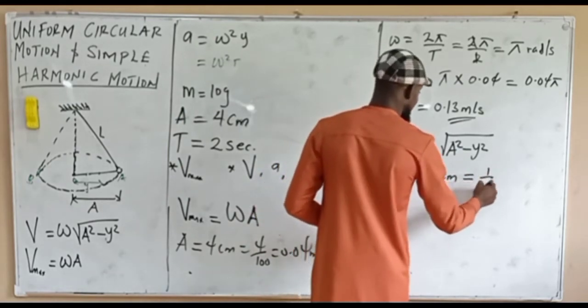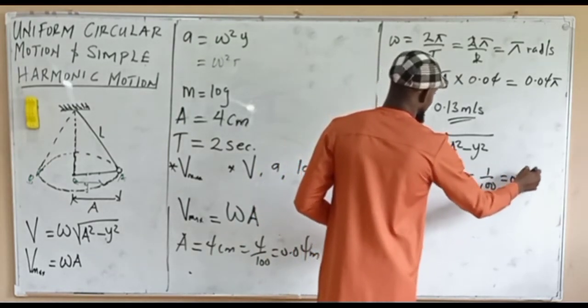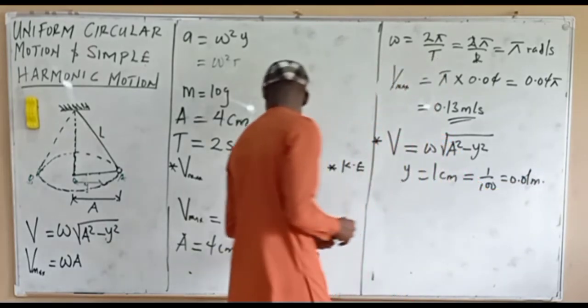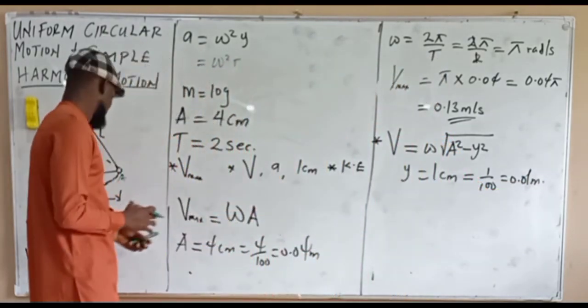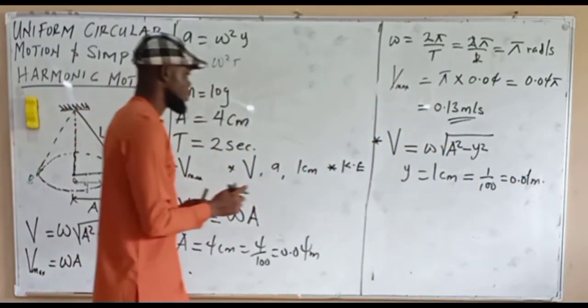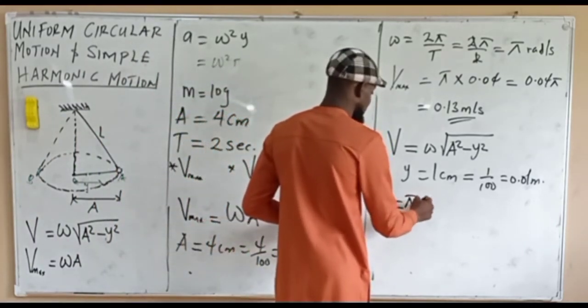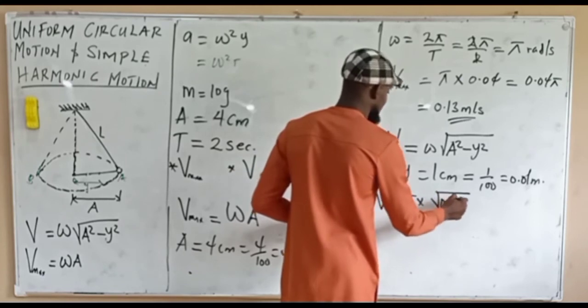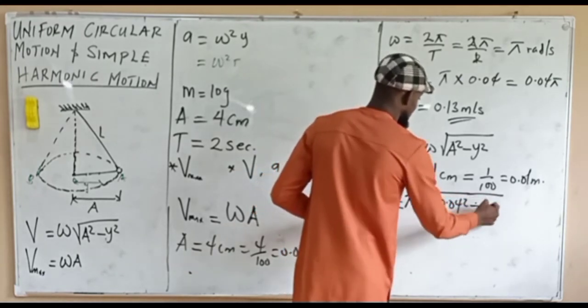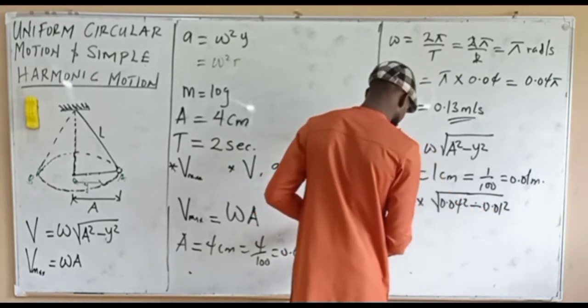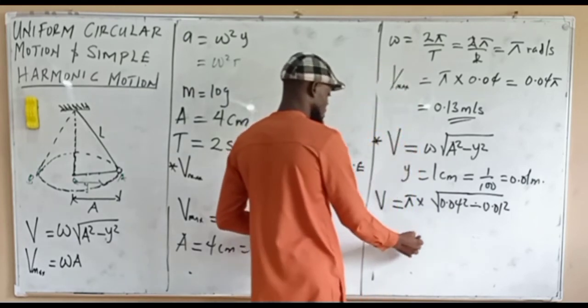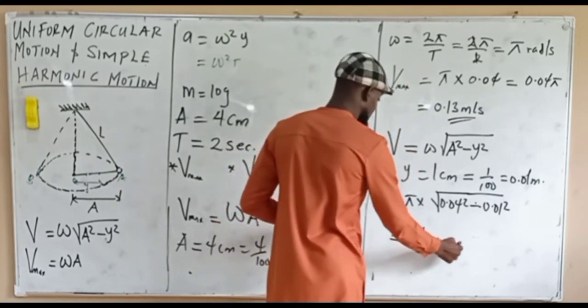That is 0.01 meter. So the velocity at y equal to 1 cm will be v is equal to pi times the square root of 0.04 squared minus 0.01 squared. If you do this very well, you get approximately 0.12 meter per second.